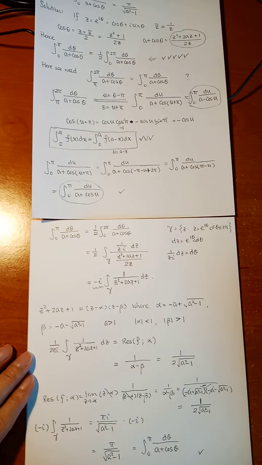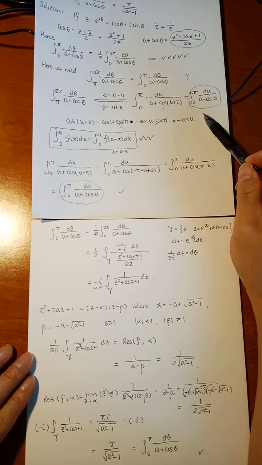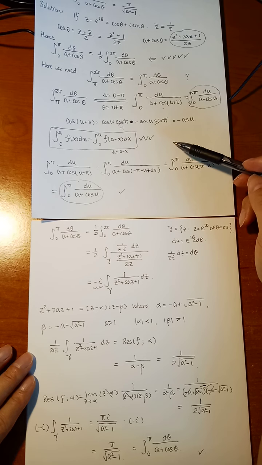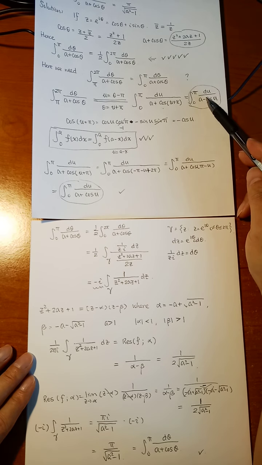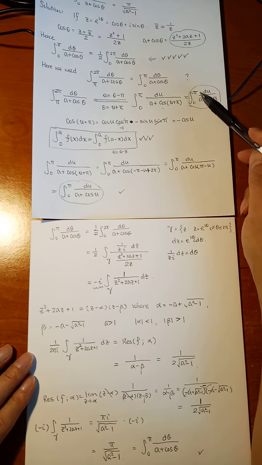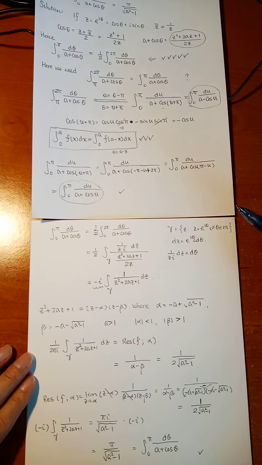This example is very interesting. Even from the middle steps, there are certain integral tricks we can learn, and we also get a byproduct: the integral from 0 to pi of du over a minus cosine u is equal to the integral from 0 to pi of du over a plus cosine u. They're equal.